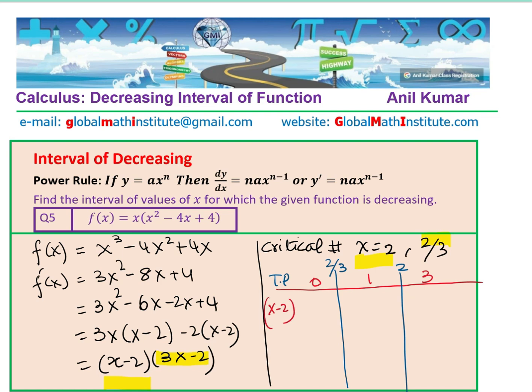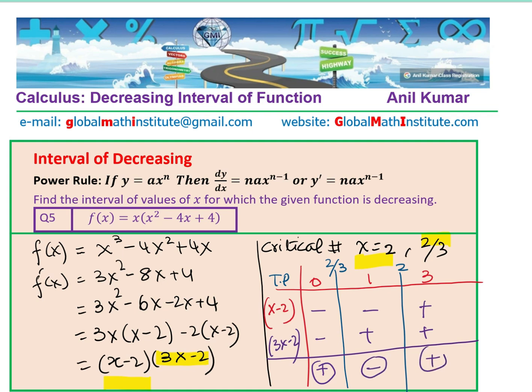If I take a value 0, it is going to be negative, right? If I put 1, negative, 3 will give me positive. For 3x minus 2, if I put 0, I get minus 2, which is negative. If I put 1, I get a positive value, and there also a positive value, correct? Negative and negative gives me positive, positive and negative gives me negative, and then a positive value.